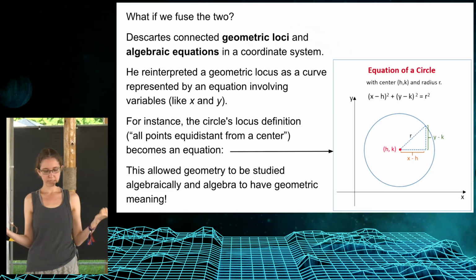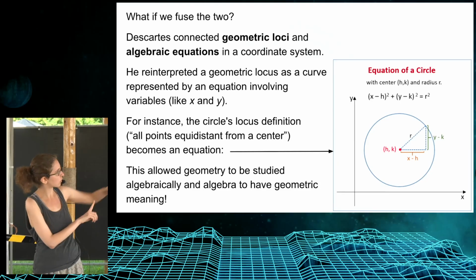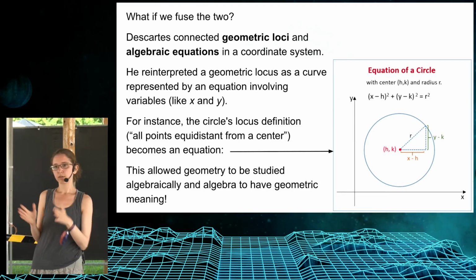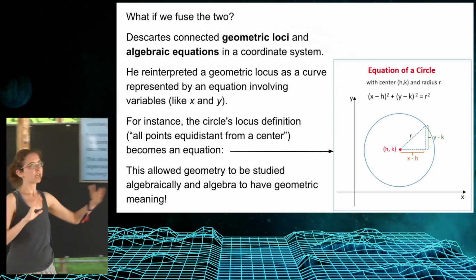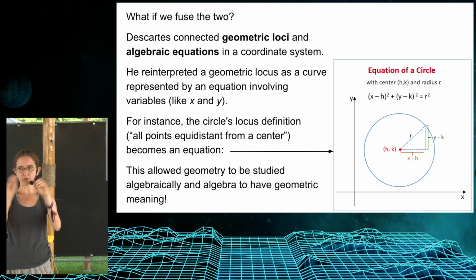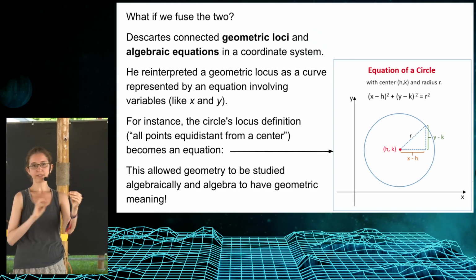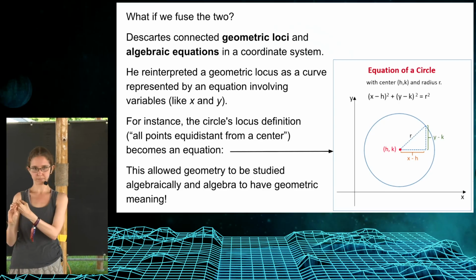Now, if we combine the two, if we have this Cartesian coordinate system, we can think about this kind of equation as having a geometrical representation, because the x and the y, this number of potions and all of that, have a geometrical meaning on the page.